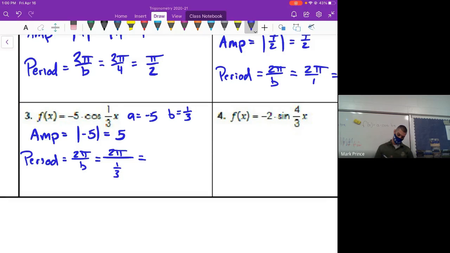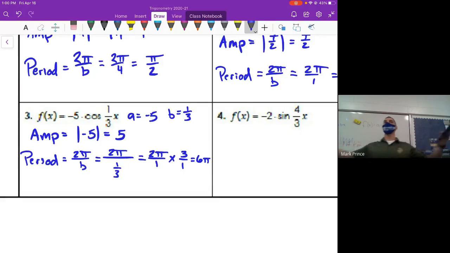So this becomes 2 pi over 1 times, flip the denominator, that'd be 3 over 1. So our period is 6 pi.